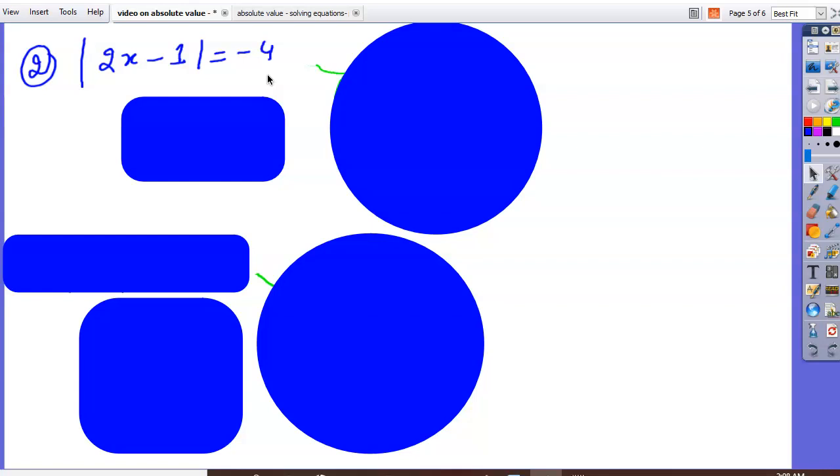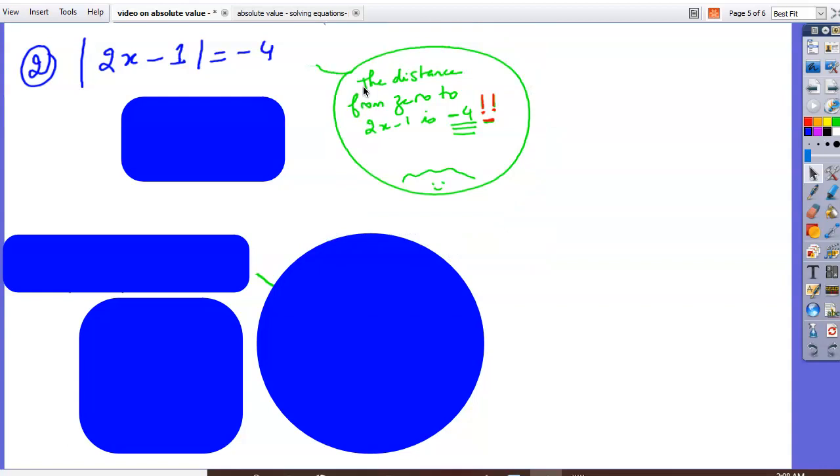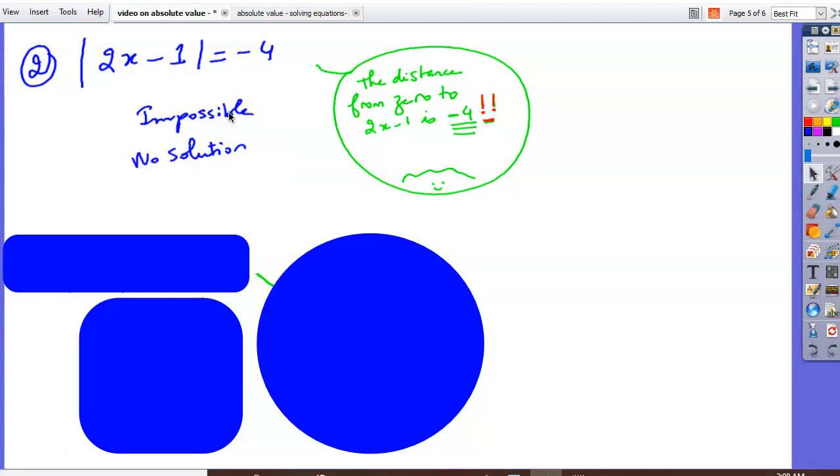So can I have a distance equal to -4? Directly we say that this is impossible and there is no solution for this equation, because the distance is always a positive value. It cannot be negative. The absolute value cannot be negative.